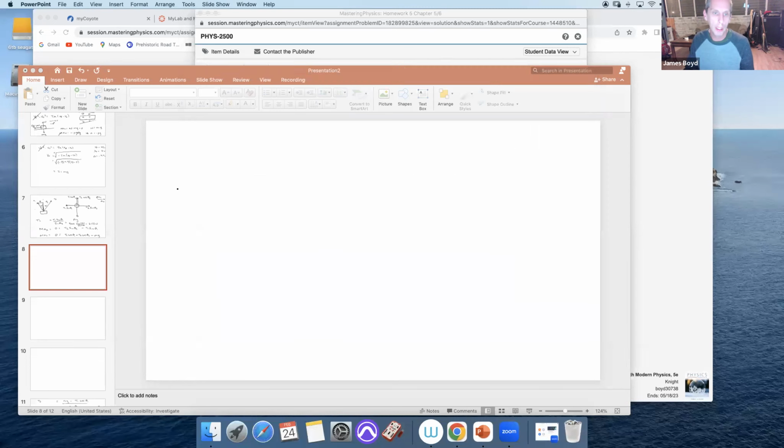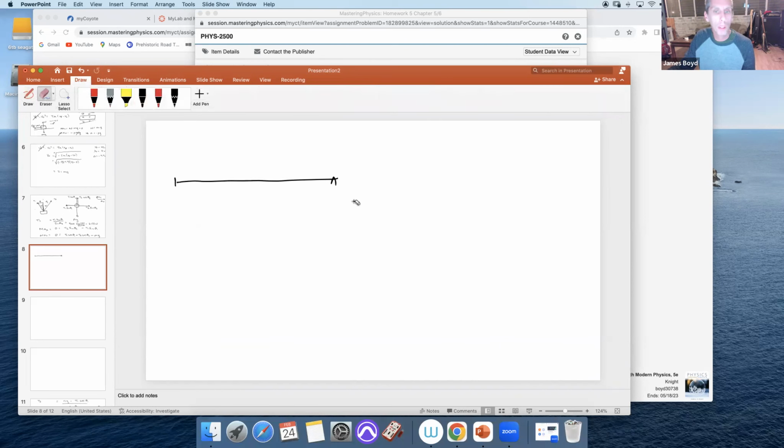What's going to happen is, starting from rest, Sam is going to take off. V initial will be 0, X initial will be 0. We don't know what X final is. We don't know what V final is. We do know that the time is only going to be 8 seconds.